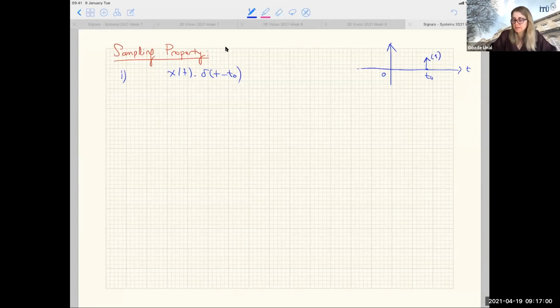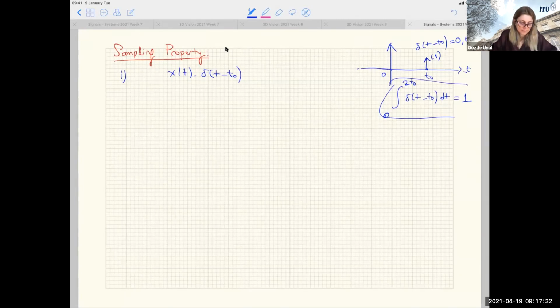This would be delta t minus t0, and it's 0 everywhere else. So we know this is really 0 for t not t0, right? Now, its area, delta t minus t0, should really include this range, for instance, 0 to 2 t0. I'm sure this would be 1, right? This integral is 1, because I'm integrating by including t0.